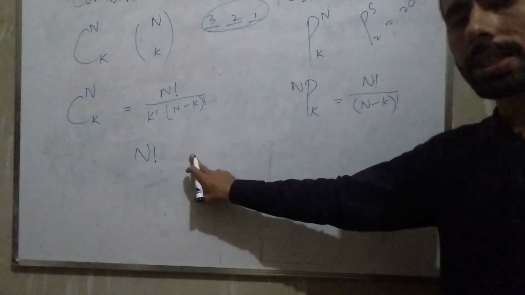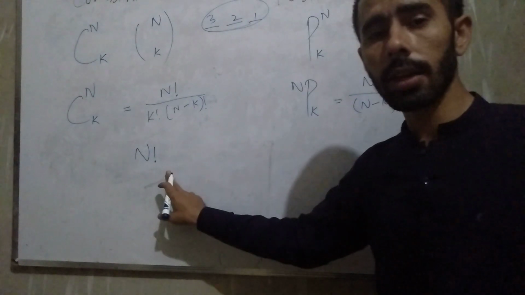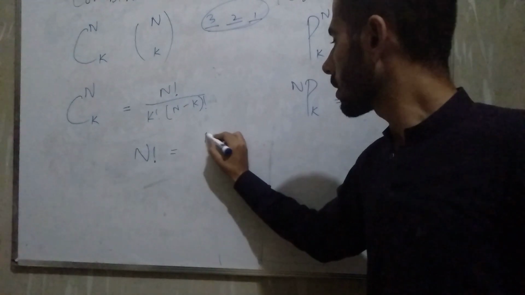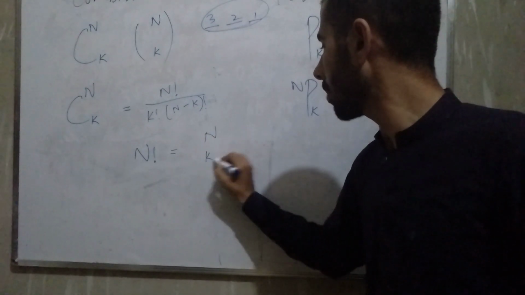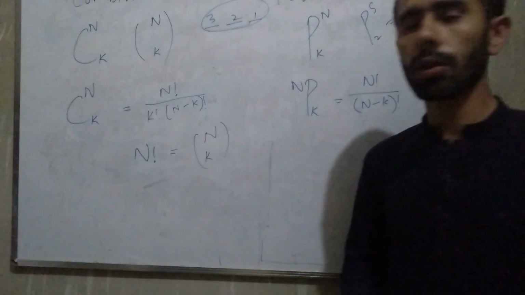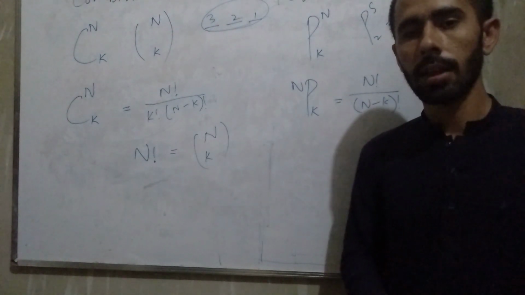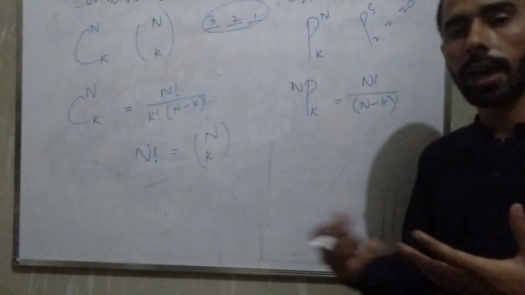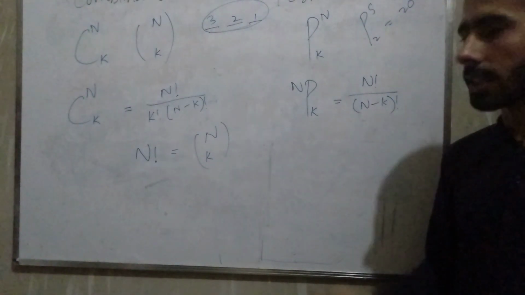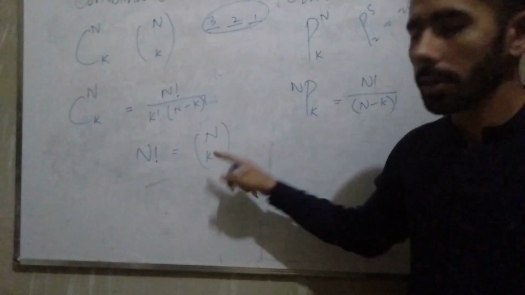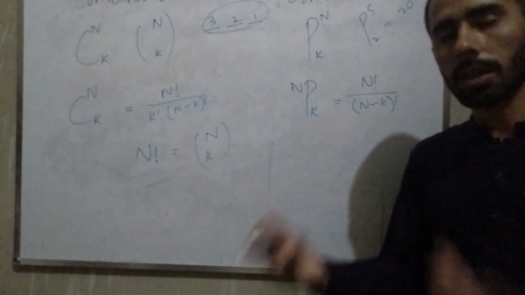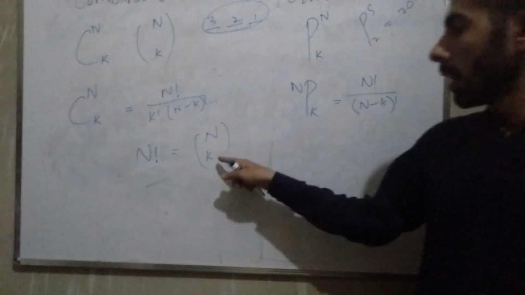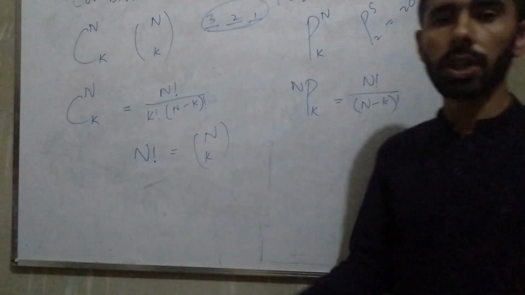But a similar activity can be done if I choose, say, some k people first out of those n people. Like out of those 100 people which I am going to arrange on the 100 seats, I choose some 10 people, like those 10 people are special ones.